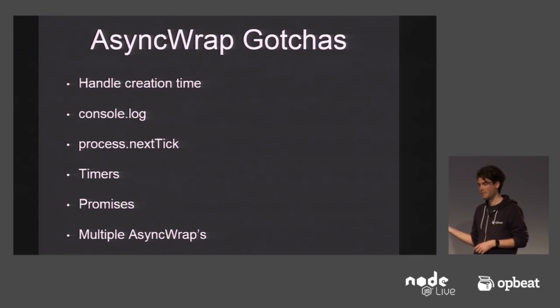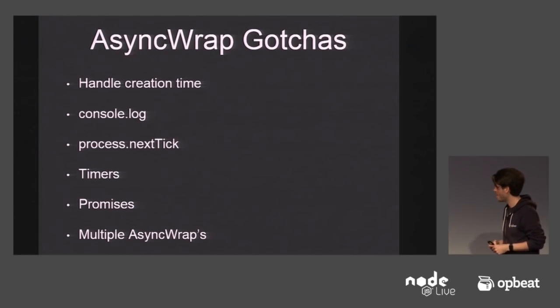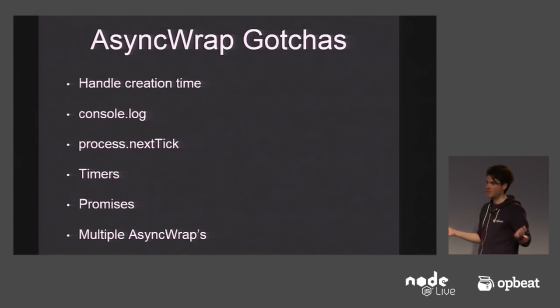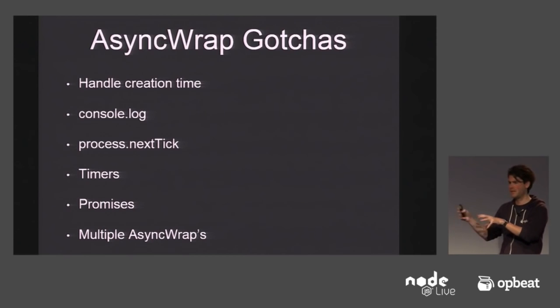Timers, as I just said, there are some gotchas there. Promises, now we got promises in Node. Some people like that. Those are currently not covered by AsyncWrap because promises run inside V8, and V8 doesn't really give us any way to hook into these promises right now.